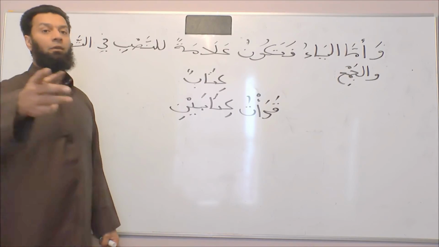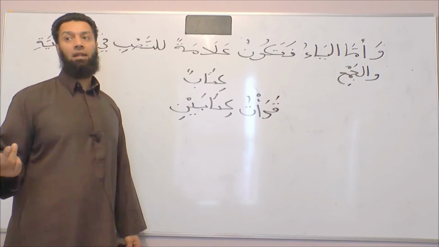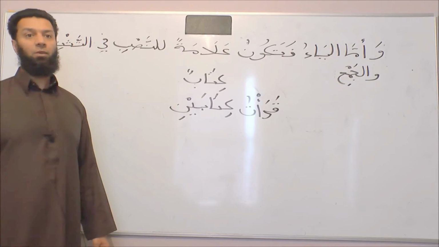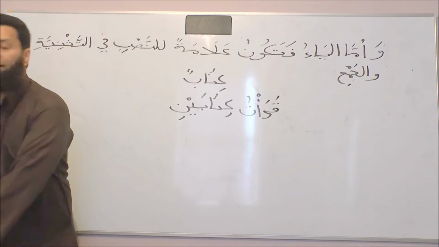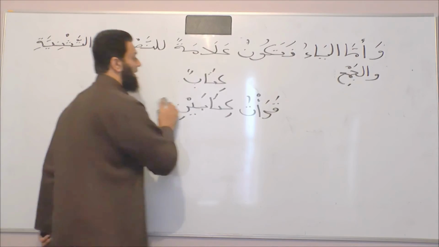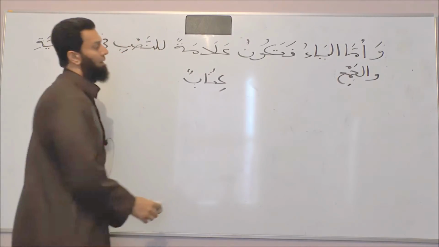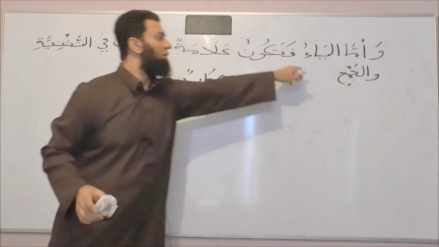It's a replacement for a fatha, it's deputizing, تنوب عن الفتحة. That's what it's doing. قرأت كتابين. Now, as we said, some people become confused with this. Why? That is في التثنية. في الجمع.